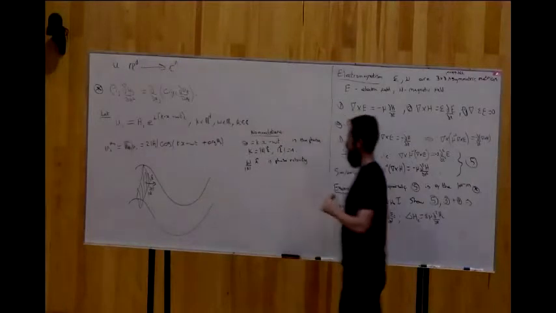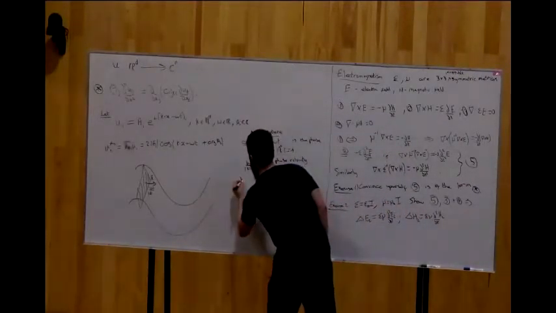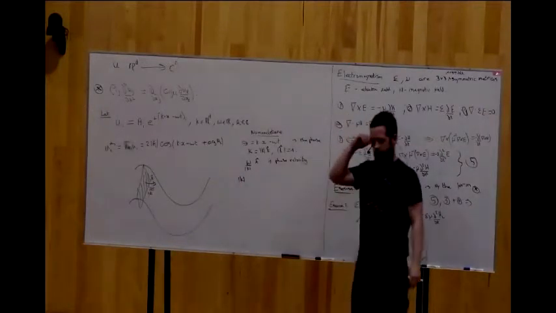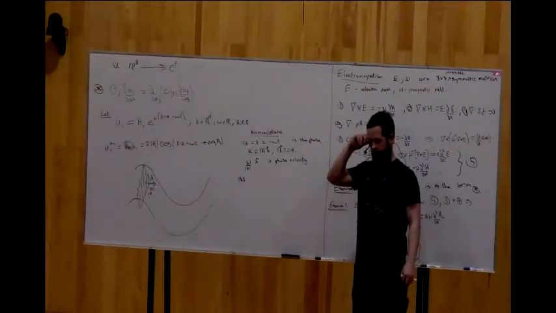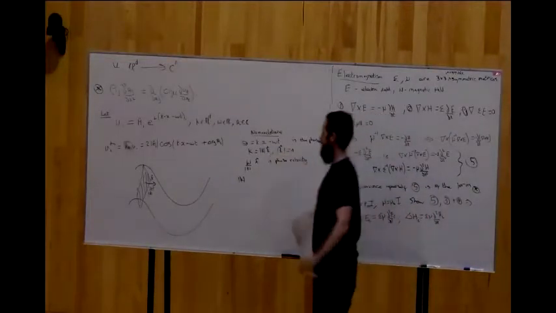And k is usually, well, some people would call the vector. It depends on the books you read. But I'm going to call the absolute value the wave number. But some people would call the vector k the wave number.